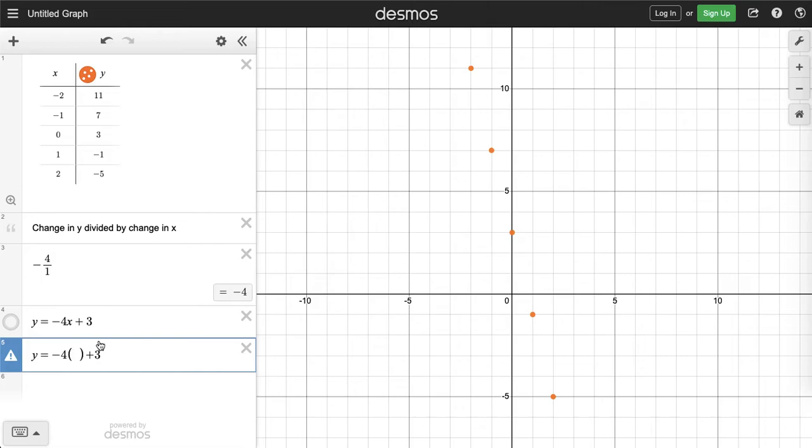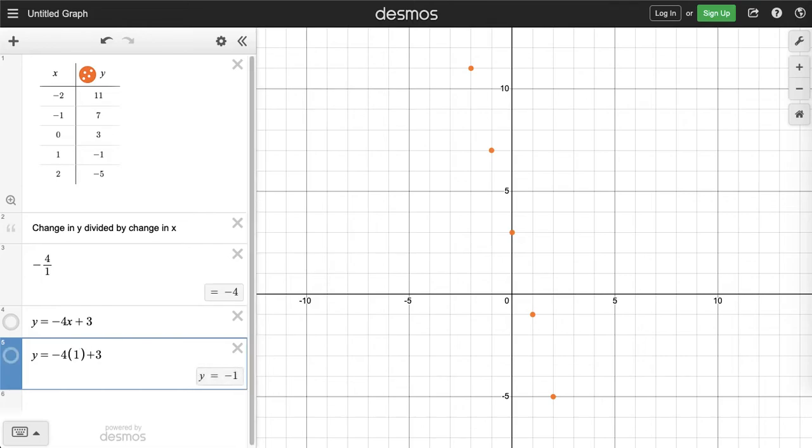If I go negative 4 times 1, that gives me negative 4, plus 3 more, and I get negative 1. That's what y is. You can see that value down here in the bottom corner. If I change x to be 2, negative 4 times 2 is negative 8, plus the 3 gives me now negative 5, and that's exactly what we have in our table of values.